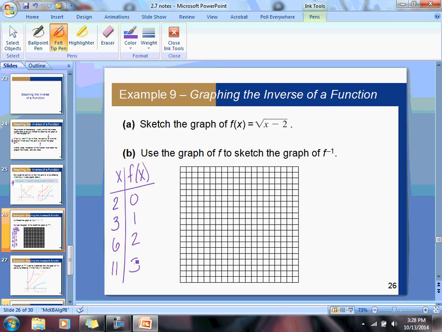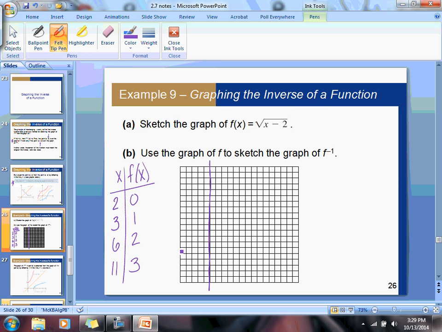And this original function, hopefully, you've recognized that it's going to be a square root function, so it's going to look like a parabola. It's going to open up on its side. And I'm going to shift my y-axis just a little bit when I graph this so that we have a little more room over to the right.